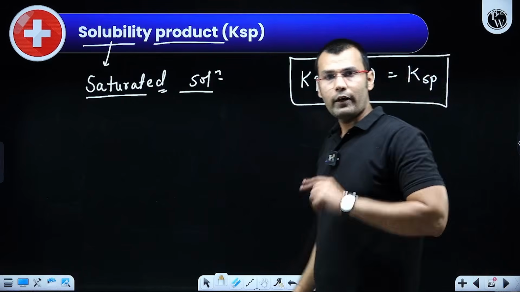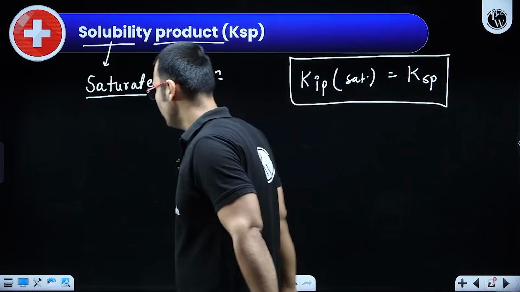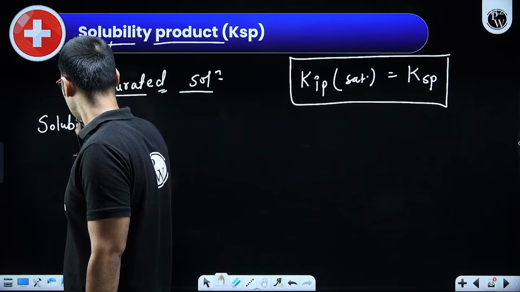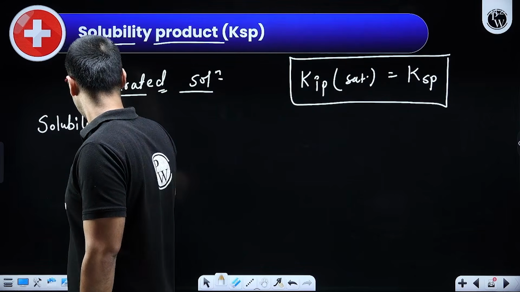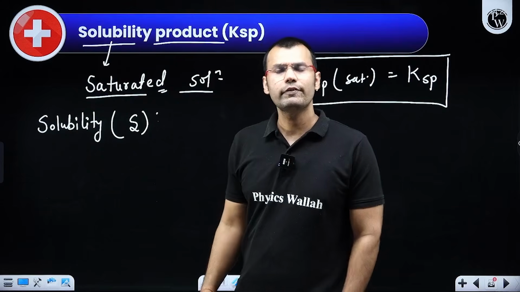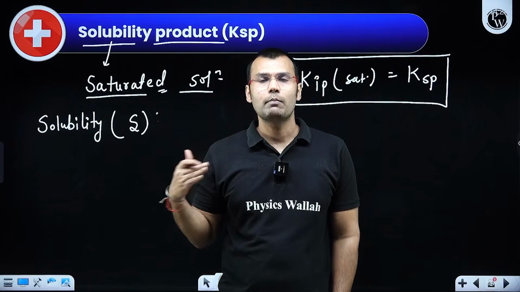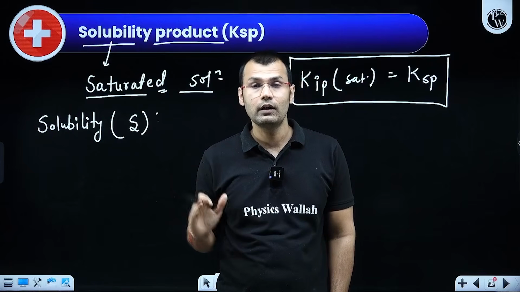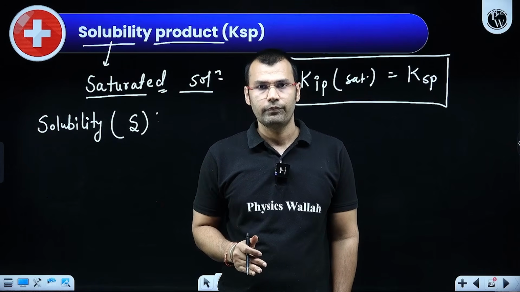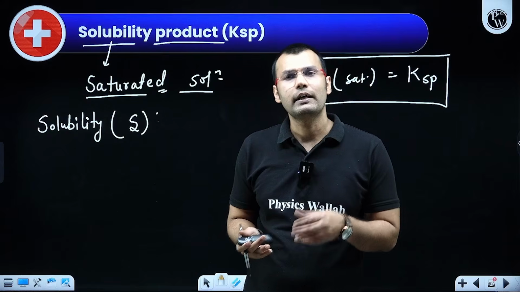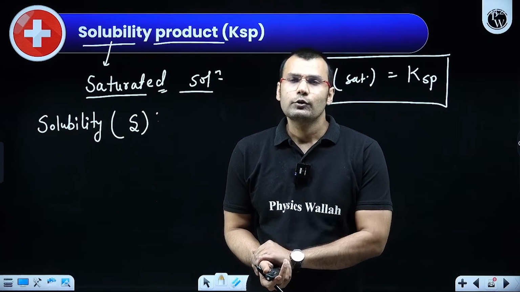One more point. When we calculate KSP, we define a term called solubility, and solubility in this chapter is denoted by capital S. Now, what is solubility? Solubility of any salt is the maximum moles of salt that can be dissolved per liter of solution. For any electrolyte, the maximum amount that you can dissolve per liter of solution is called solubility.